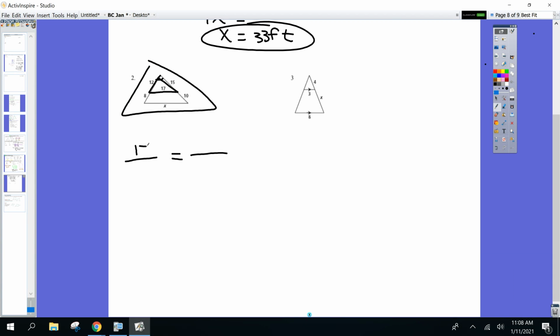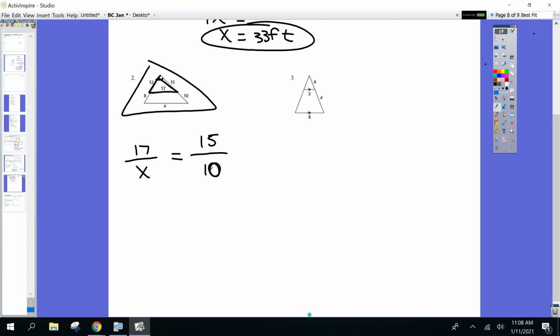Everyone sees 17 as a side in the smaller triangle, which corresponds with X in the bigger one. Now I take another side in the smaller triangle, let's say 15. Here's where you can't mess up. It does not correspond to 10.